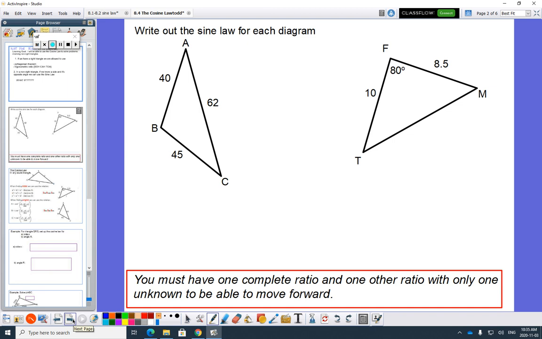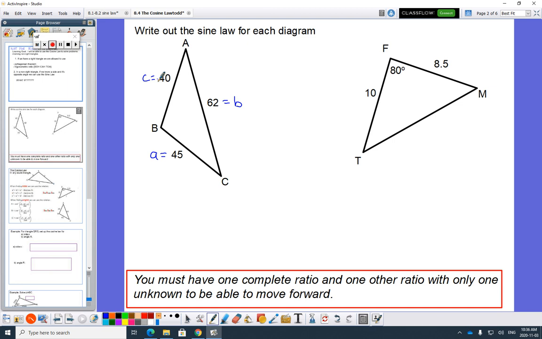So here, if you try to do a complete ratio, so if you want to, let's write in the sides. So side A is 45, B is 62, C is 40. So when you write out the sine law, and because we don't know any of the angles, I'm going to use the angle form.